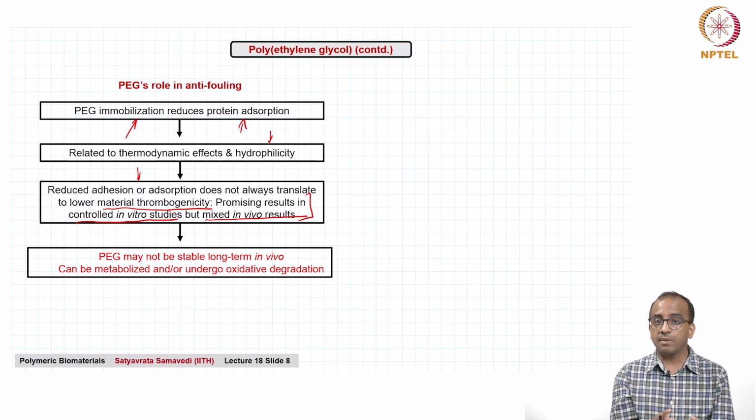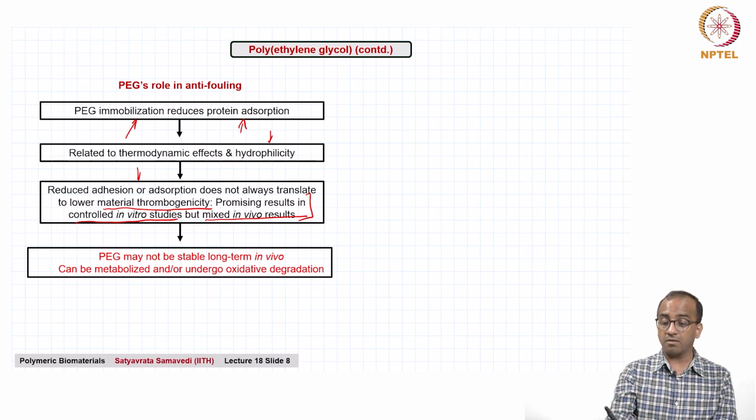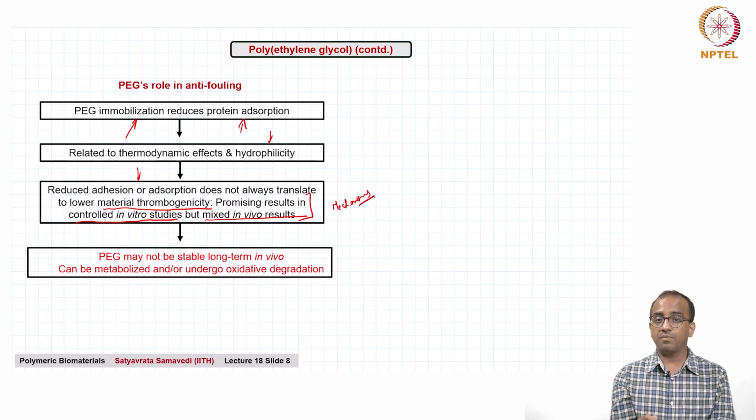One is they provide directions; they are good indicators of whether something will or might perform well in vivo. The more important reason for in vitro studies is also for us to understand mechanisms. So, for people who are interested in probing very specific mechanisms under controlled conditions, where the goal is not really to apply something but to understand the system, these controlled in vitro environments are very, very helpful.